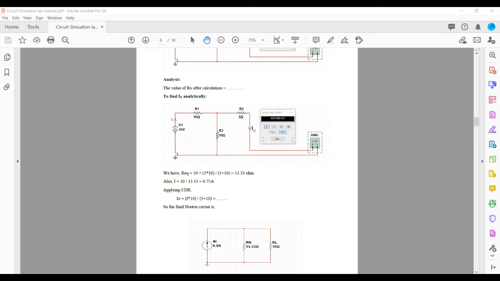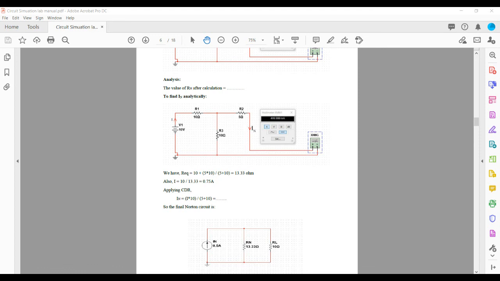To find the value of IN, we will need the current division rule, or CDR. The formula says that IN equals I into 10 divided by 5 plus 10. This will give the value of IN. Let me use the calculator: 0.75 into 10 divided by 5 plus 10.